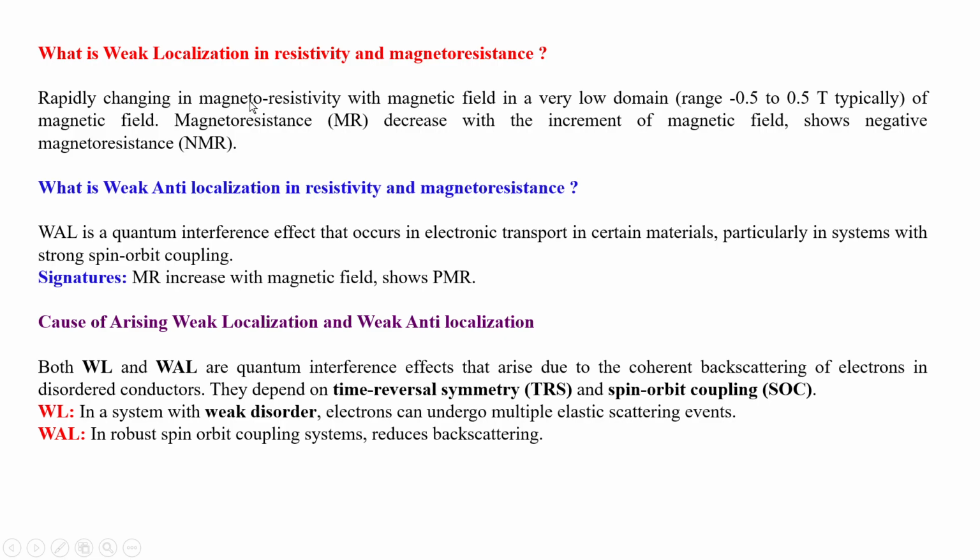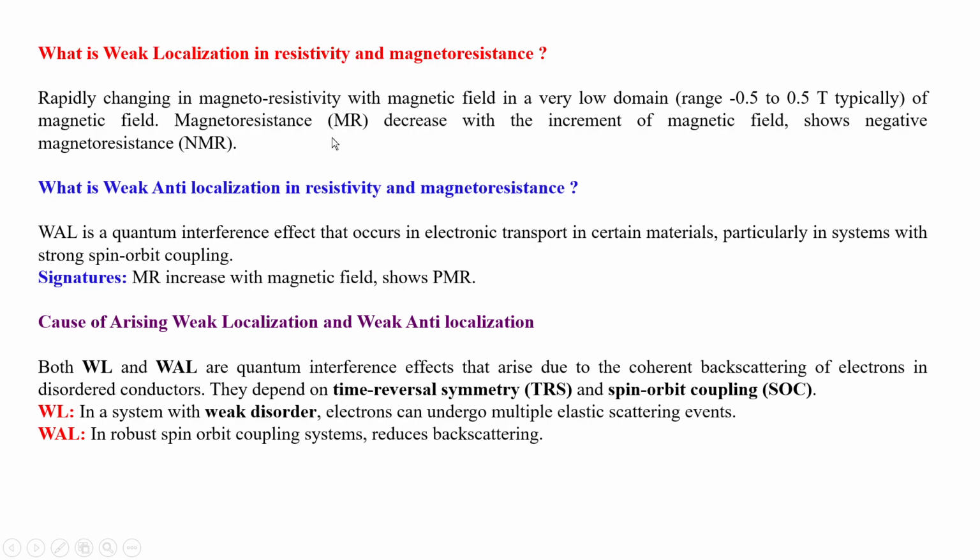What is weak localization in resistivity and magnetoresistance? It is a rapid change in magnetoresistance data with magnetic field in a very low range of magnetic field, typically observed around minus 0.5 to 0.5 Tesla. In weak localization signatures, this shows negative magnetoresistance.